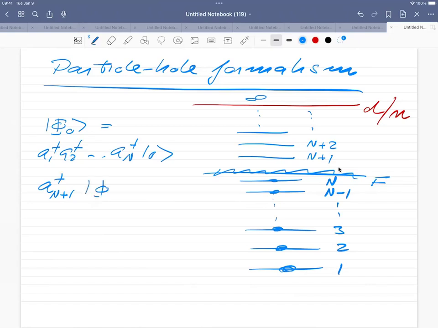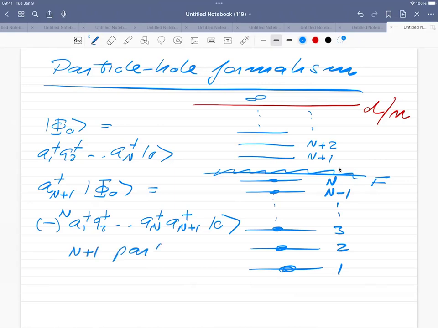So when I do that on phi 0, this is the same as, once we interchange it so we get it in the right order, a1 dagger, a2 dagger, all the way up to a_n dagger, a_{n+1} dagger, acting on the true vacuum state. So this becomes an n plus 1 particle state, whereas the previous one is an n particle state, okay?